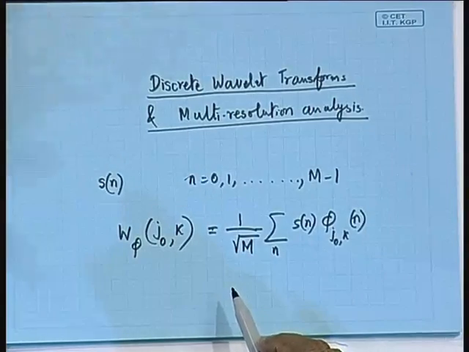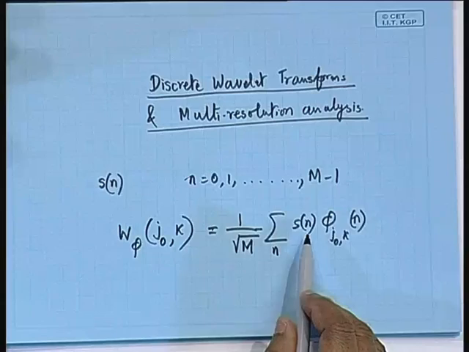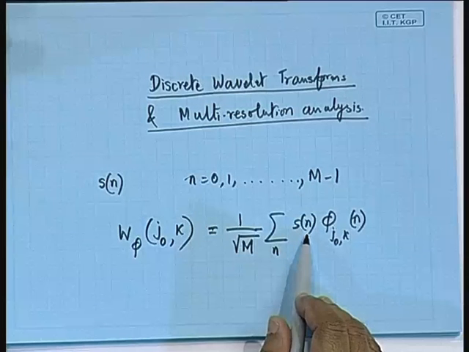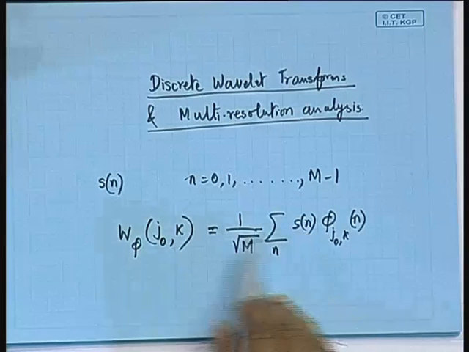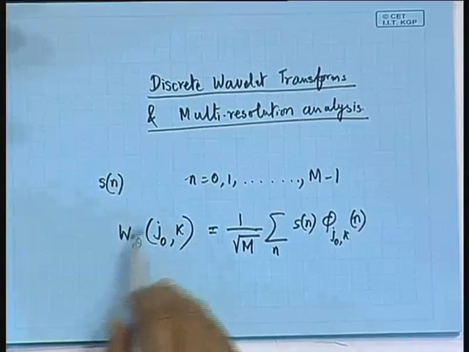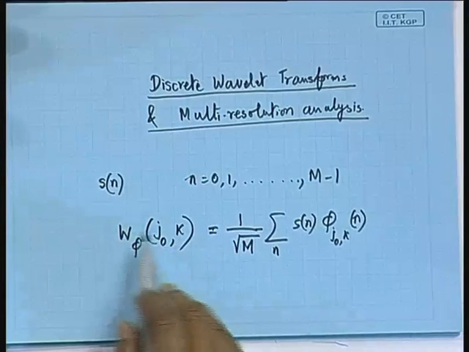And this 1 by root over M is actually a normalizing term that is coming in, because what we are essentially doing is, you can imagine that as if to say that from this S of n, which is the spatial domain, I am converting that to a new domain that is given by this W phi j k.